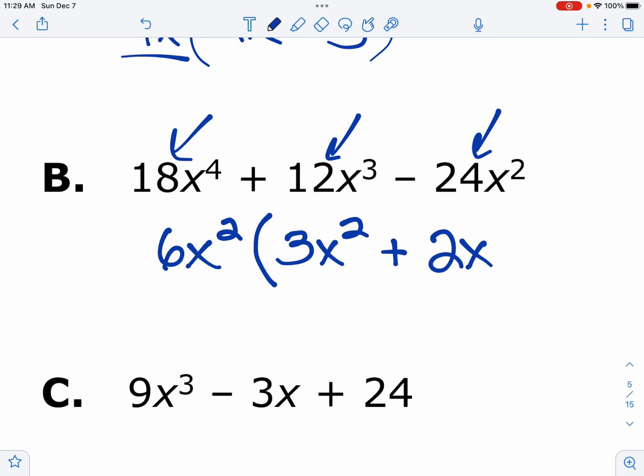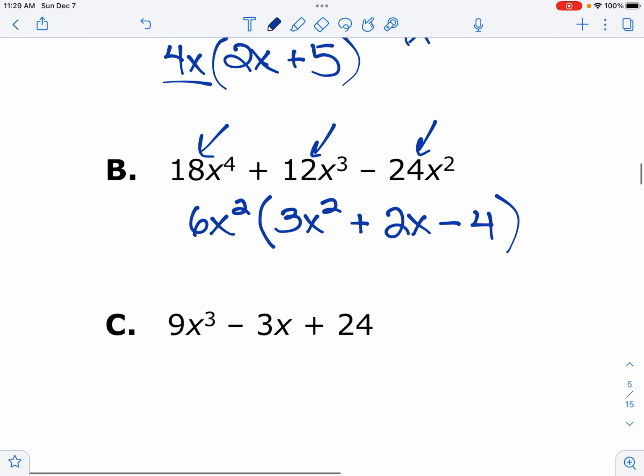And then lastly, 6x squared times what gives me negative 24x squared? Well, that would be negative 4. And then after that, as we'll learn a little later, we'll try to factor this if we can. But there we've taken out a greatest common factor, and then you can go from there if you need to.